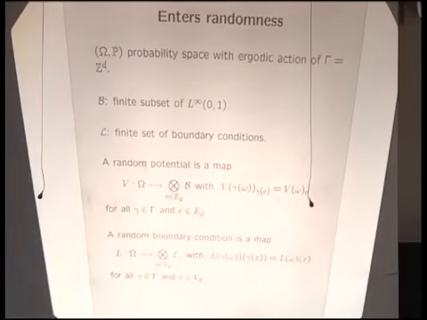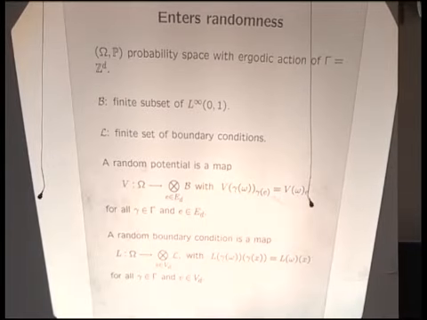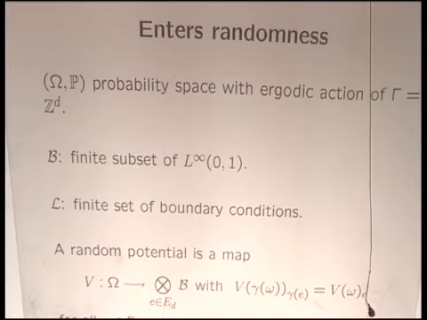Now we want to do randomness, so we will introduce randomness, and we will actually introduce it in two places. One is random potentials, but also random boundary conditions. I mean, this is really what a quantum graph allows you. You can not only have potentials, but you can also have random boundary conditions. So we take a finite subset of L infinity, which will be our potentials, and a finite subset of boundary conditions. Then a random potential is a map from omega into the product of these.